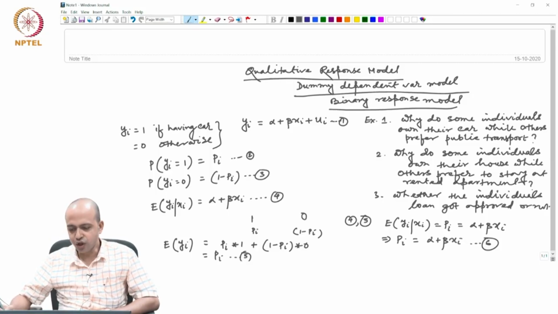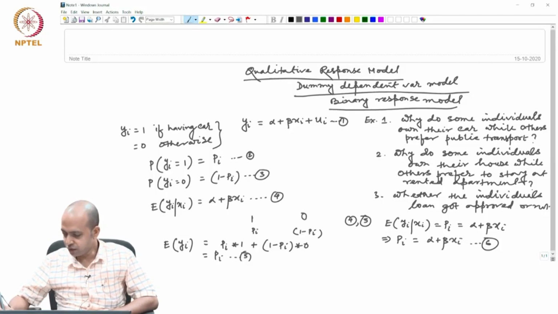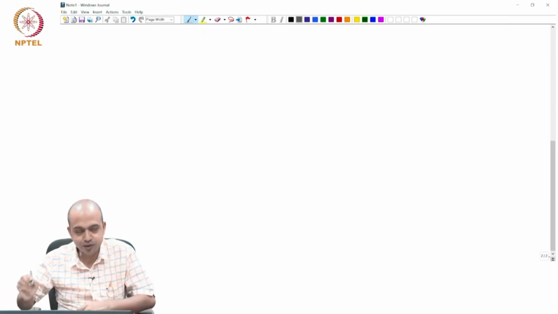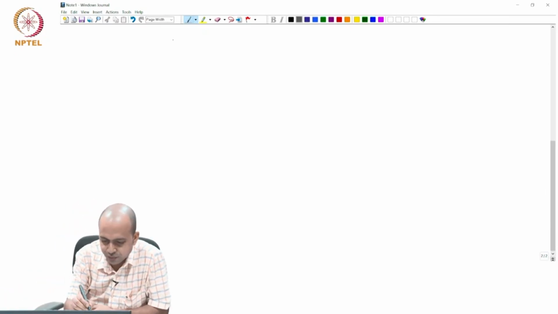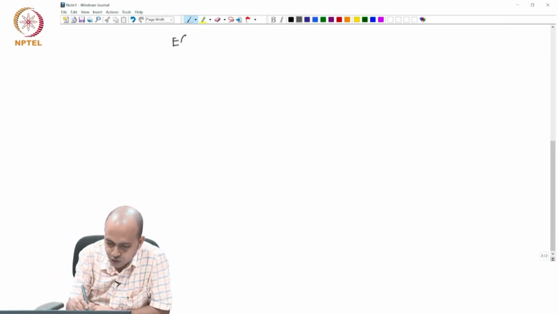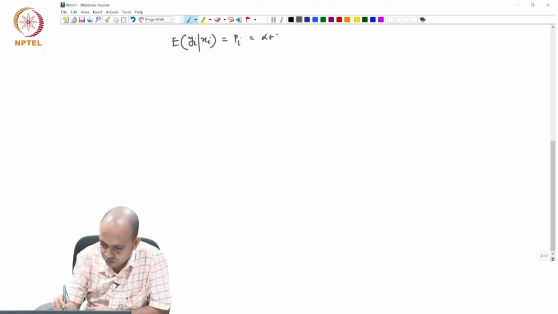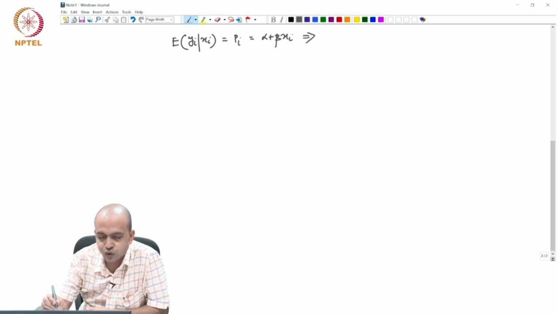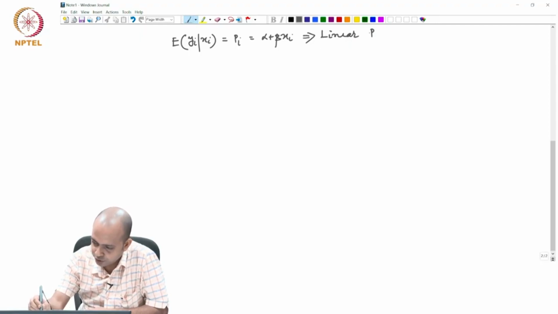Now, this model is a probabilistic model that we have derived. When I say expectation of yi given xi equals pi equals alpha plus beta xi, this model is known as the linear probability model.